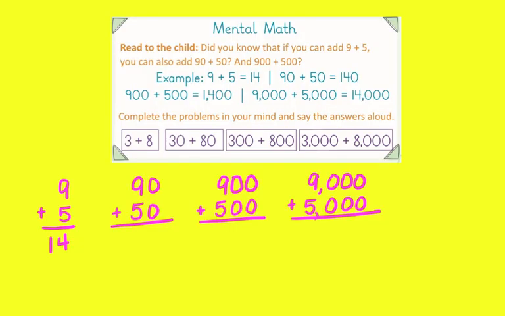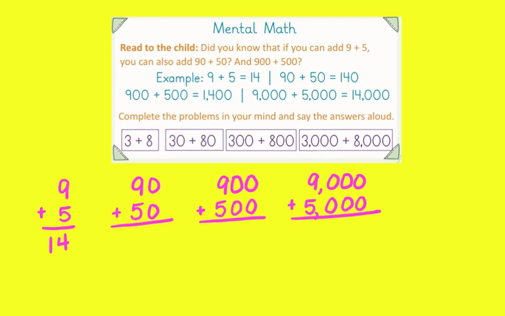All right, we are starting our first part of the page, and it's the mental math part. Did you know that you can add 9 plus 5? If you can add 9 plus 5, you can also add 90 plus 50 and 900 plus 500.